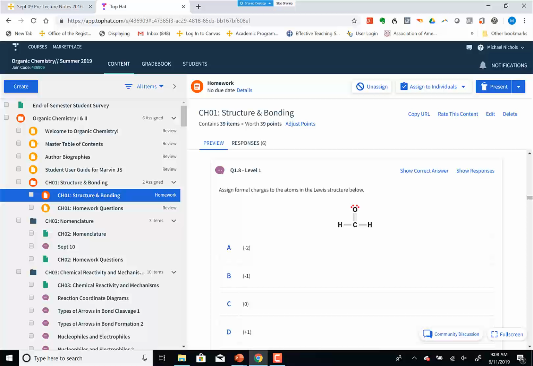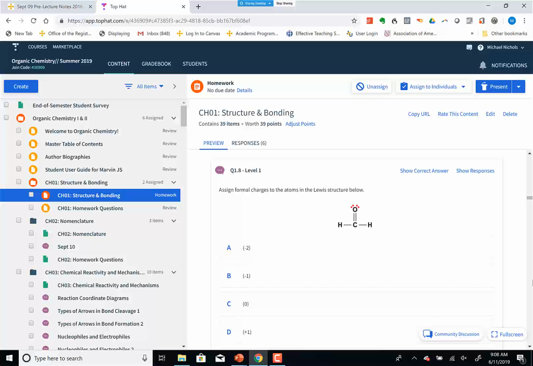I said this yesterday, but I just want to make sure. For chapter 1 and maybe chapter 2, ideally what I'd like you to do is go through the reading assignment for the class period in the textbook and answer the questions in that reading before you come to class. We're going to get to a point where I expect that, but it may not be during the first couple days, because we're trying to get caught up from yesterday when you didn't have access to the textbook, and some of you still don't.